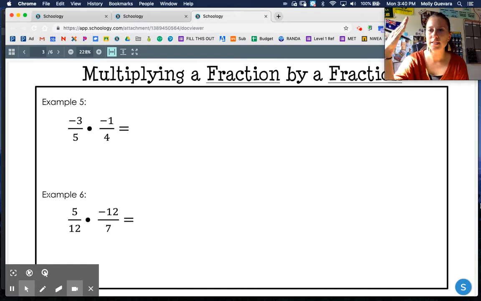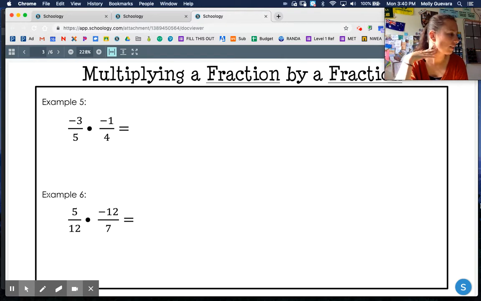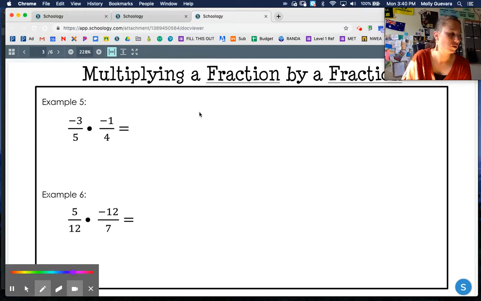Okay, so on the next little flap is multiplying a fraction by a fraction. So if we have an example such as example 5, -3 over 5 times -1 over 4, how do we multiply those fractions?